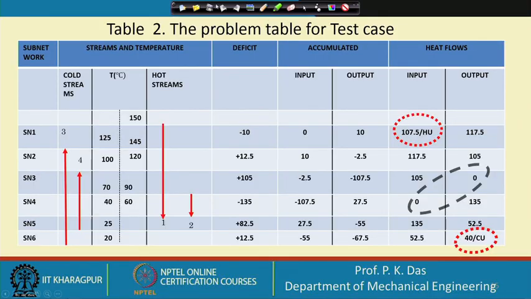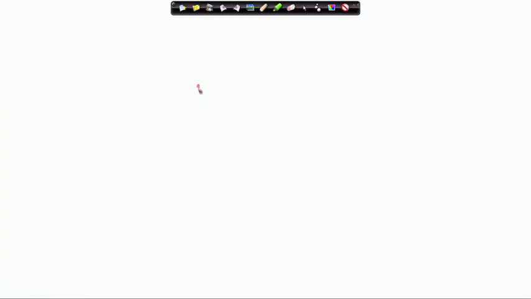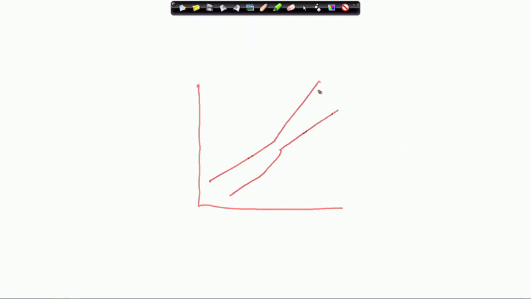Let me give some sort of a plot. Let us say this is the plane, one side is energy and another side is temperature.